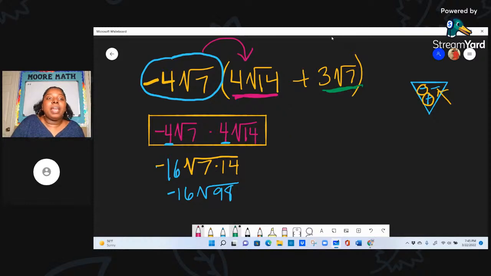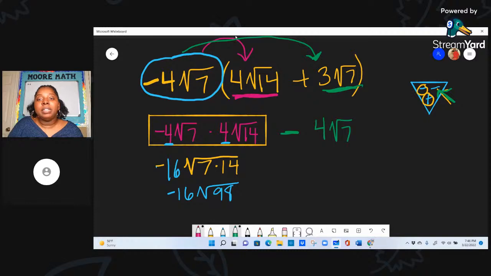Oh, actually, no. So we have a negative times a positive. Again, what was left over? Negative. Good. So it's going to be minus. All right. So we have 4 square root of 7 times 3 square root of 7.